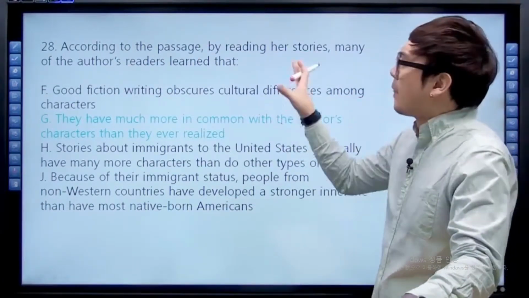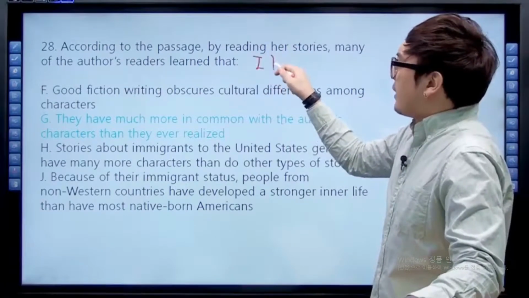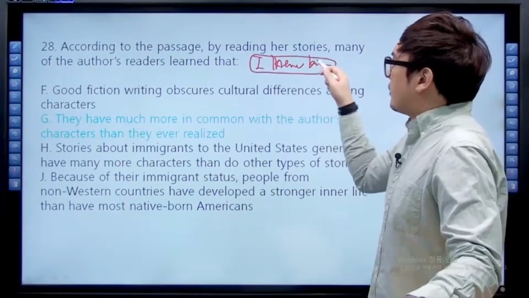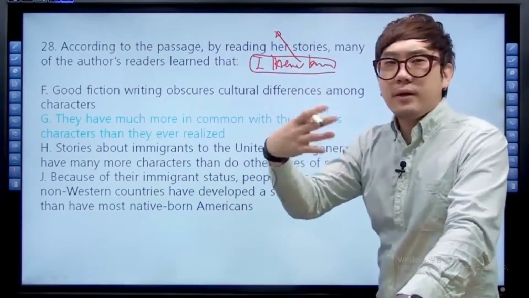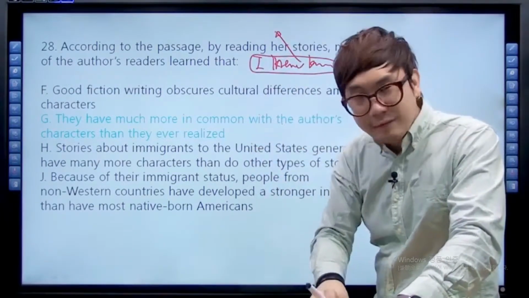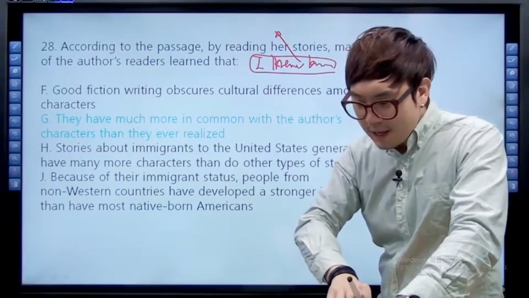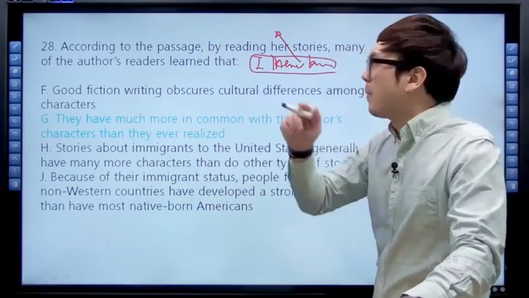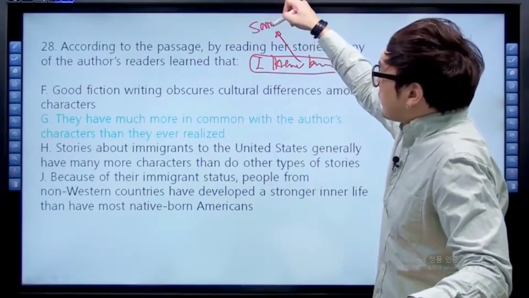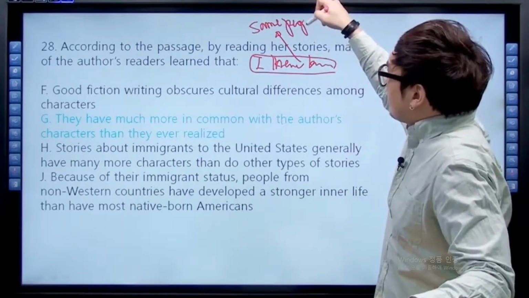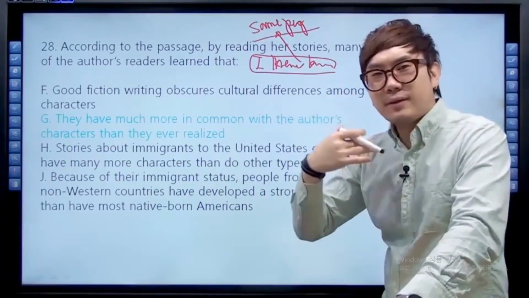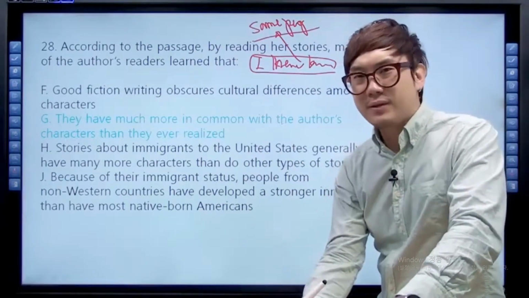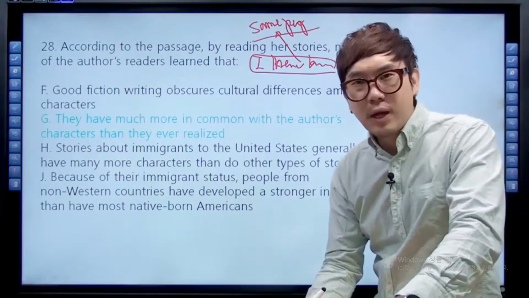Why is that? Now, we talked about how it says, I never knew, right? Never knew. Meaning, if you sort of interpret that idea, I never knew they had different lives. I never knew that they had these different aspects of life, meaning that they are the same people as us, right? They have the same problems, the same dramas, the same issues in their lives.